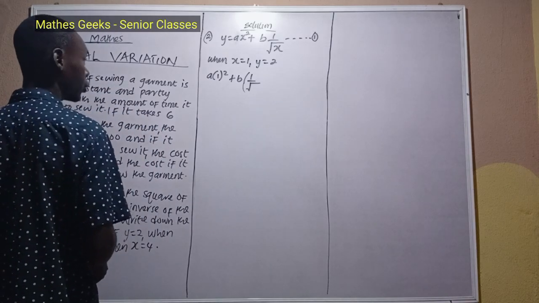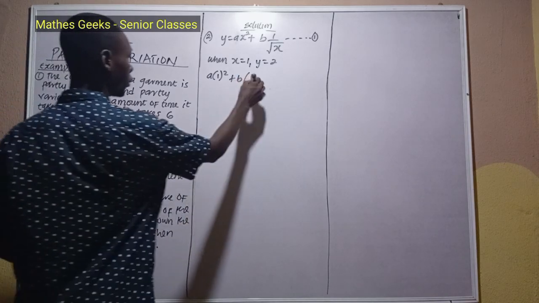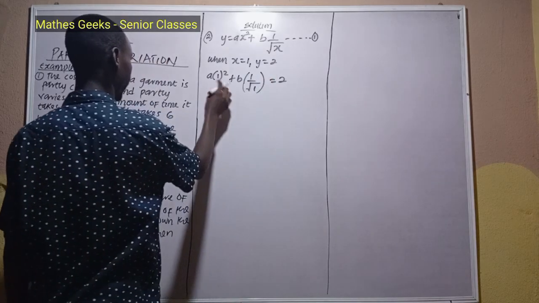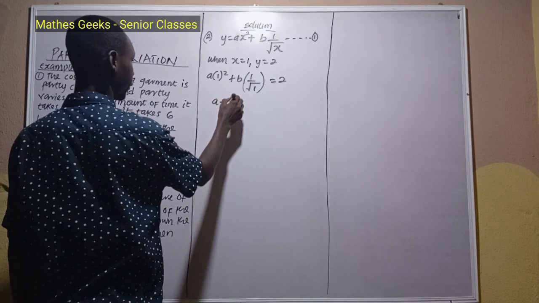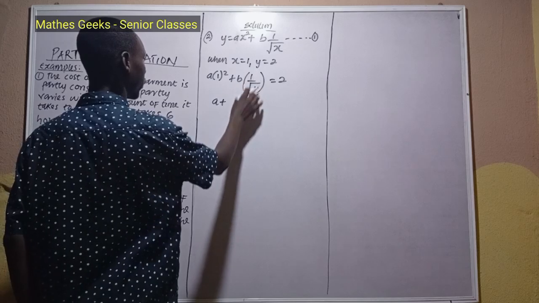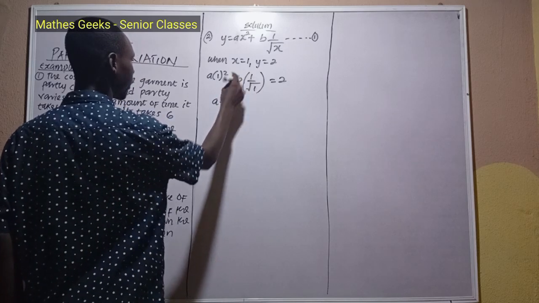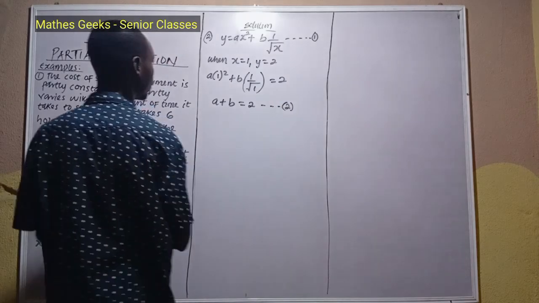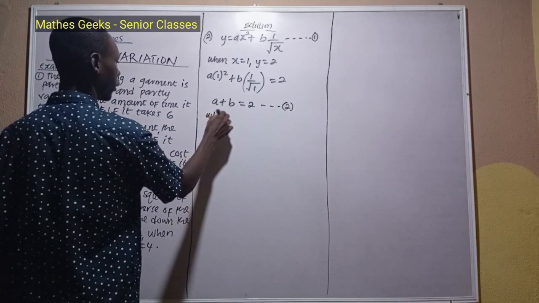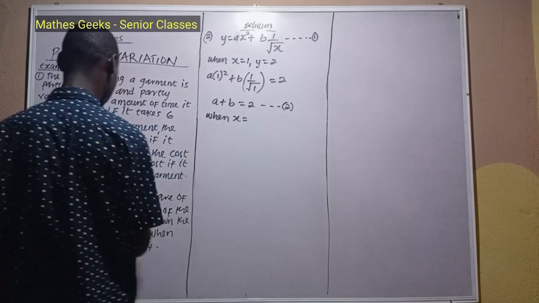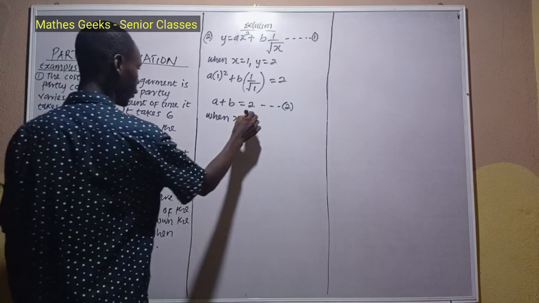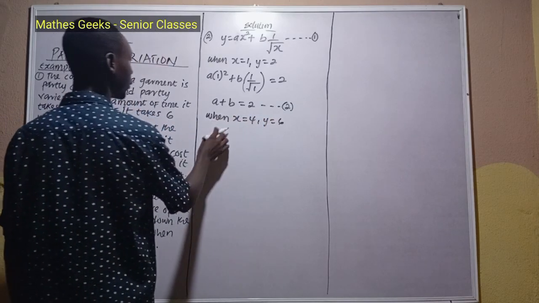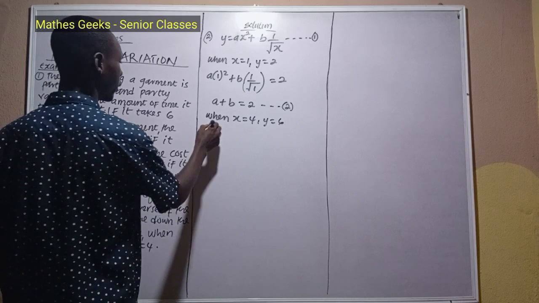X is 1, y is 2, root 1 is 1. So this is a plus 1 over 1 is 1, times b is b. So a plus b is equal to 2. This is equation 2.